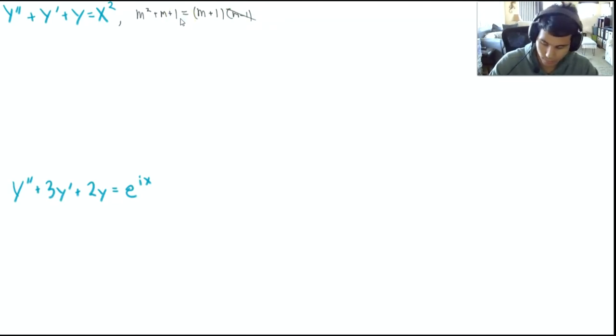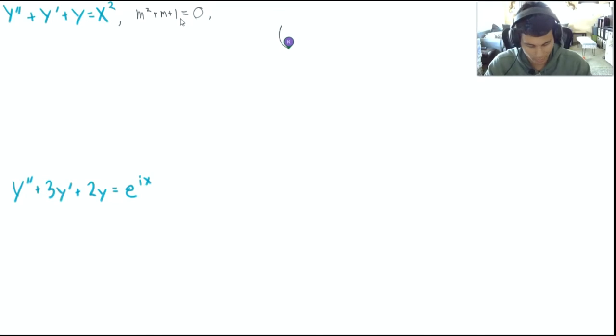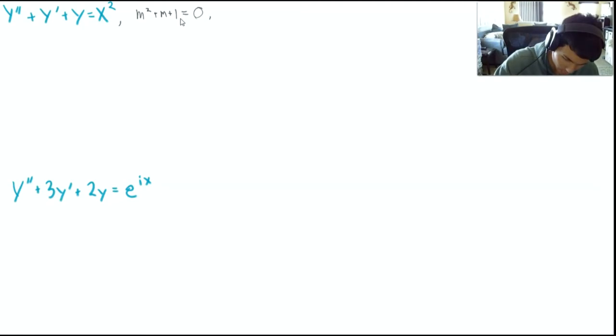So really, in this case, we should just jump to the quadratic formula. Sometimes you have to ask those questions, can we find a nice factorable way? In this case, we can't. So m is equal to negative b plus or minus the square root of b squared minus 4ac, all over 2a.